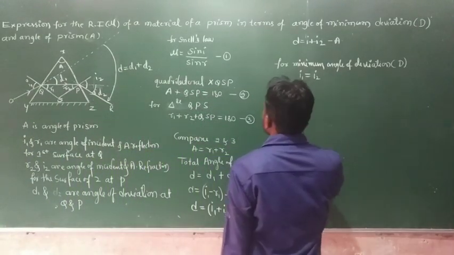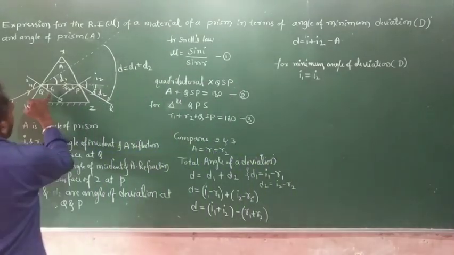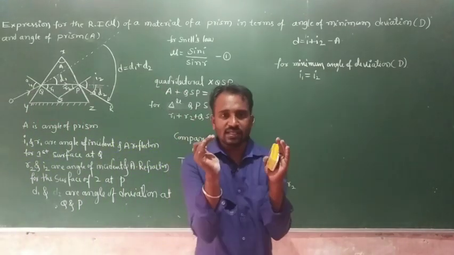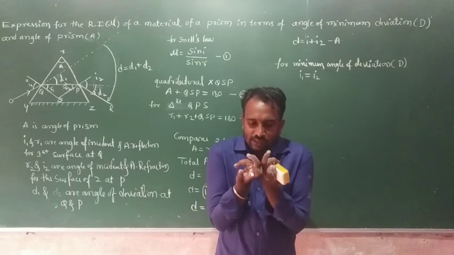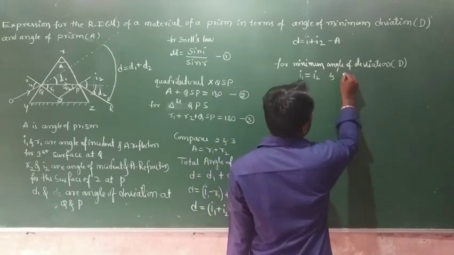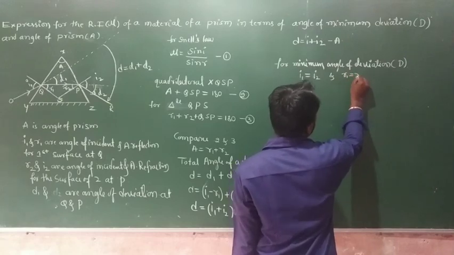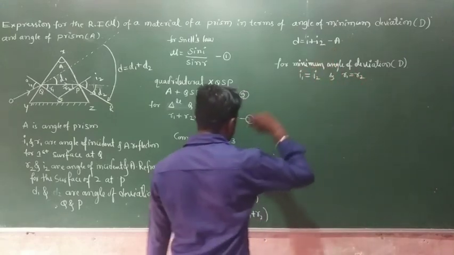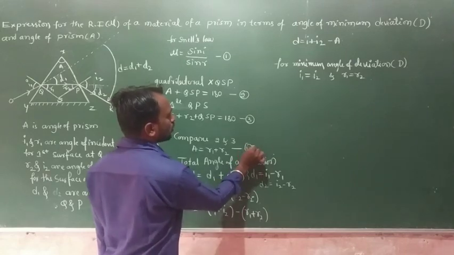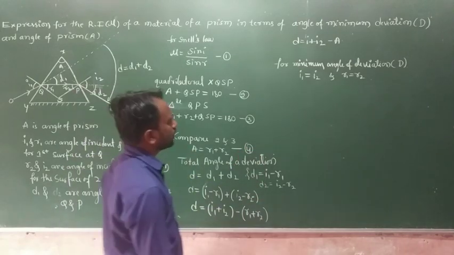When I1 is equal to I2, it means R1 is equal to R2. So the inside angles R1 and R2 are both the same. We already know that, and this equation we consider as 4.